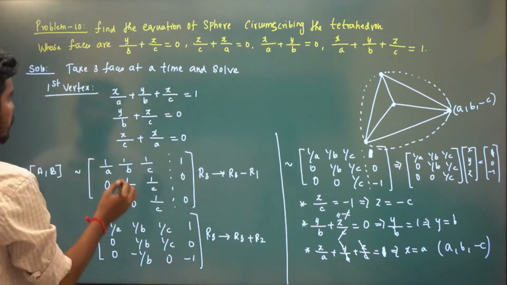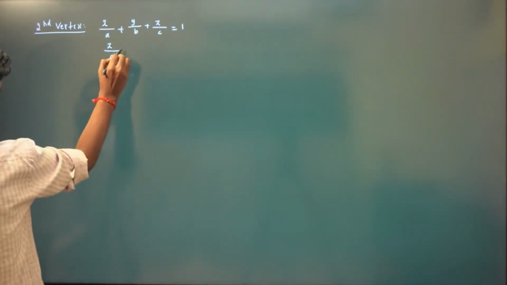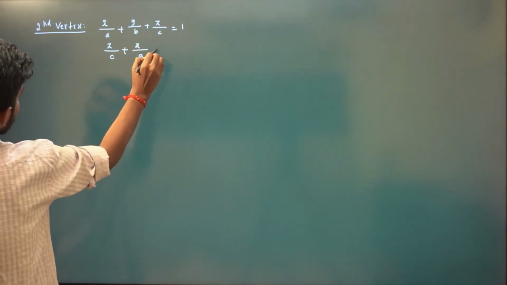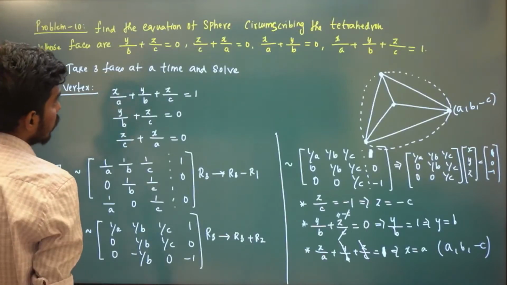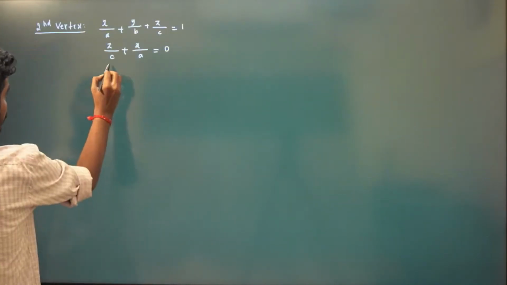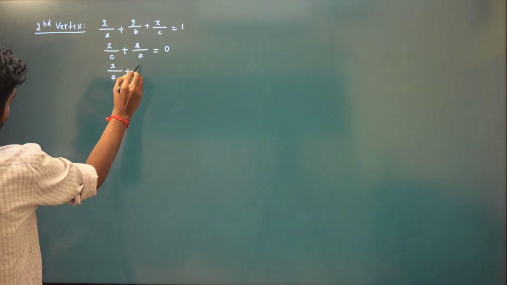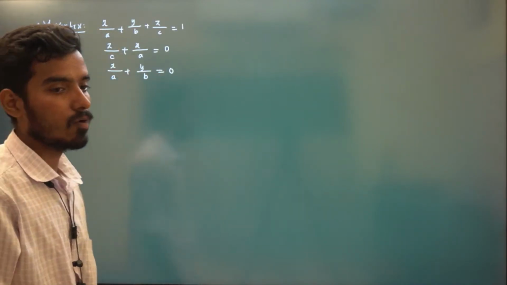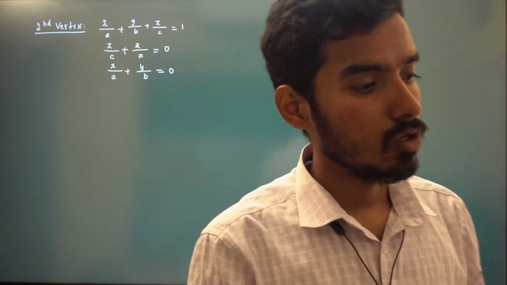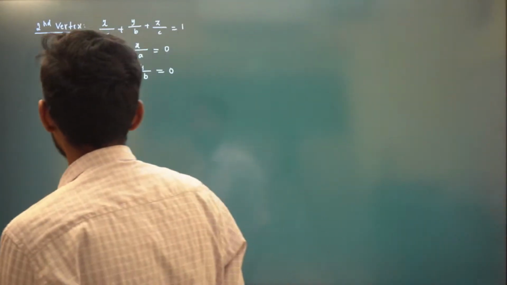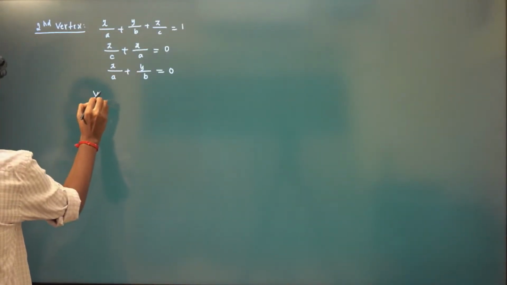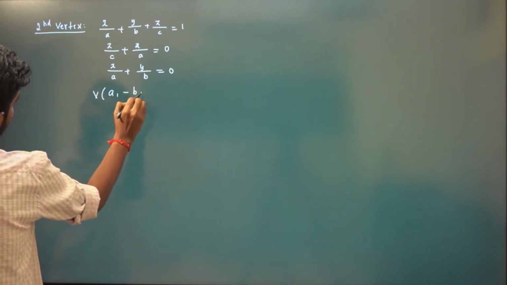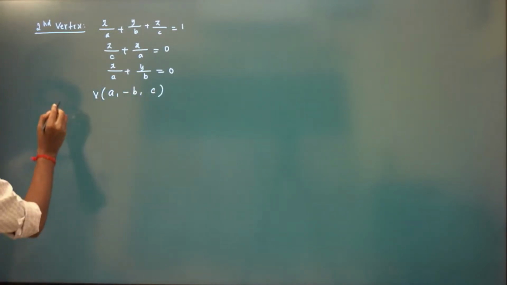So z by c plus x by a equal to 0, x by a plus y by b is equal to 0. Now you need to solve again for x comma y comma z. You can find the second vertex, and similarly, I'm not going to do this. You will have the vertex to be a comma minus b comma c, right? Solve.